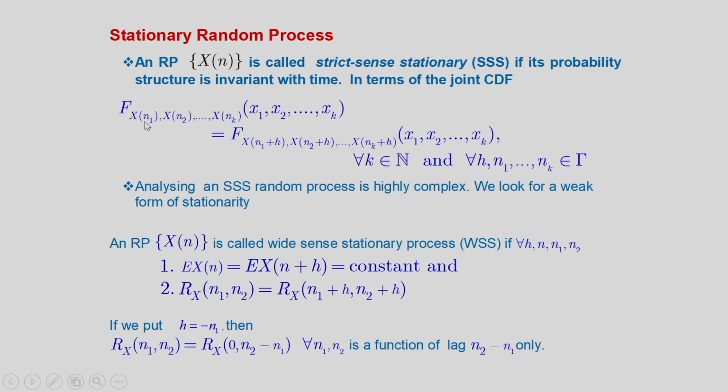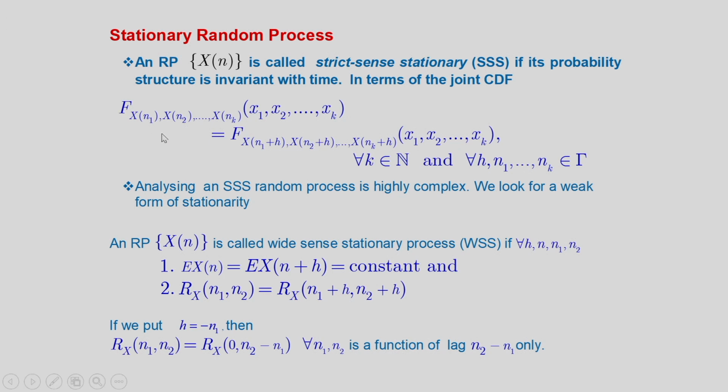That means each random variable we are shifting by the same amount. Xn1 has become x of n1 plus h, xn2 has become x of n2 plus h, and under such a condition the CDF at a set of points will remain invariant. This is the strict sense stationarity.